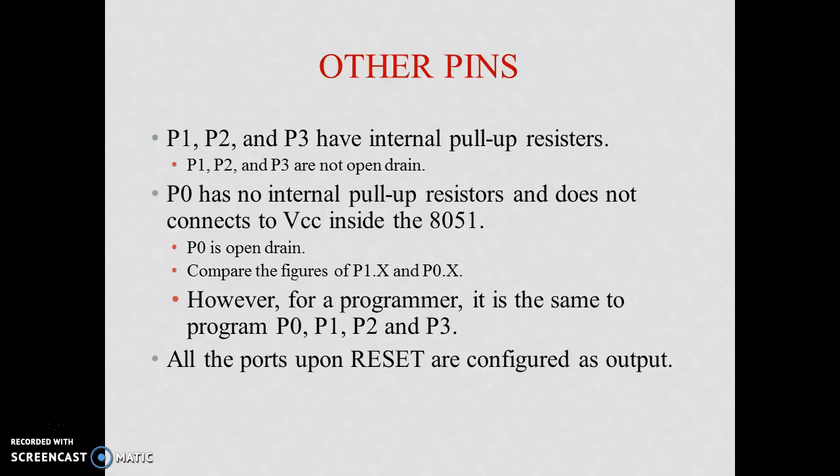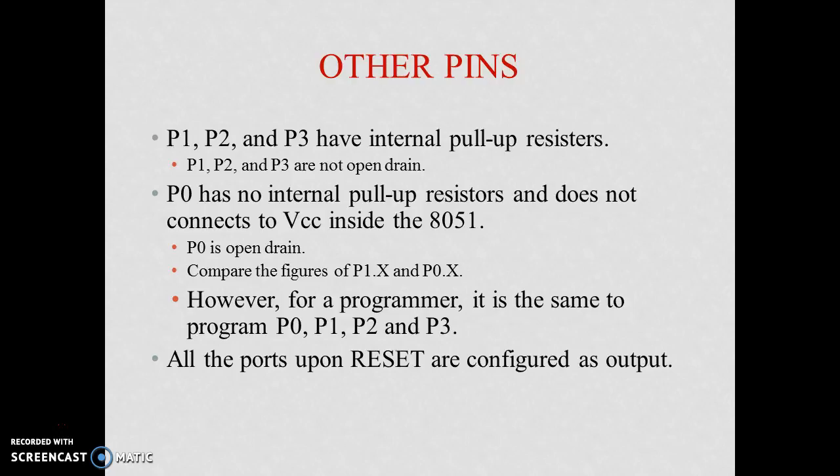So this is for port 1. Similarly, the other ports are P2 and P3. These have an internal pull-up resistor, whereas port 0 doesn't have an internal pull-up resistor, so one external resistor needs to be connected at port 0. It is an open collector type of output. Programming is the same for all the ports.